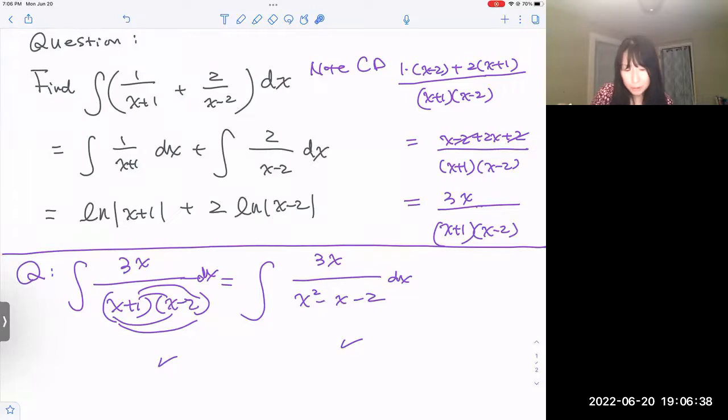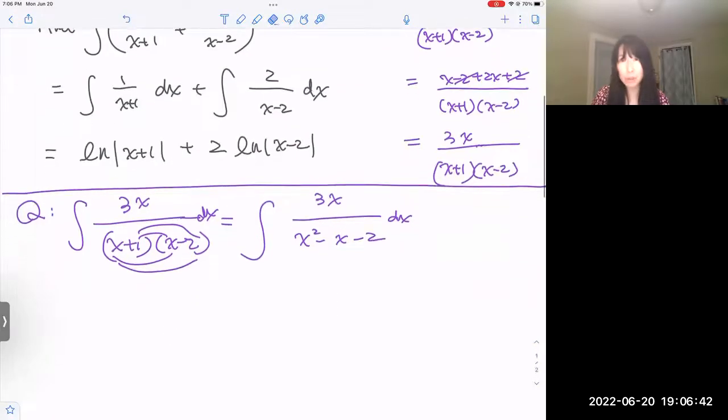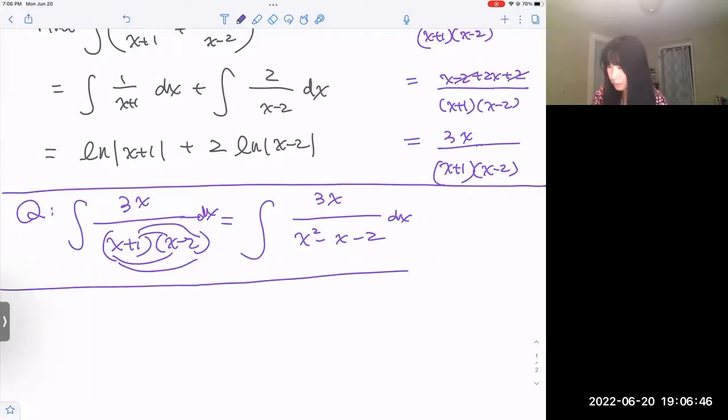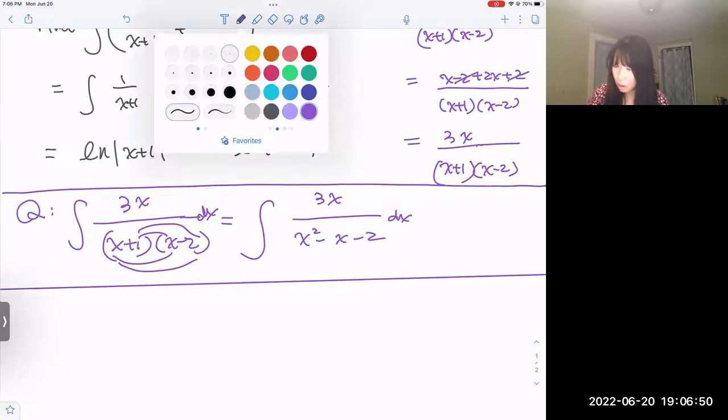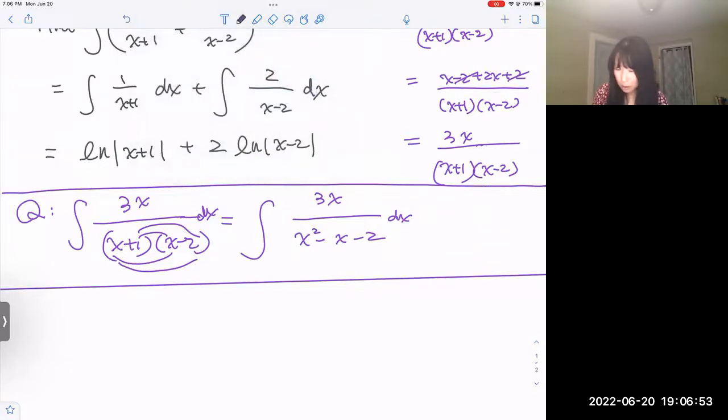Before we do that, they give us some tips. The tips say that if we have P of x over Q of x, we are using partial fraction decomposition.